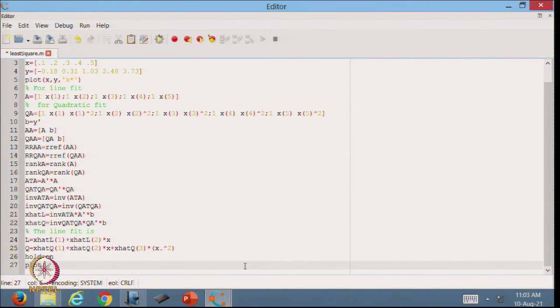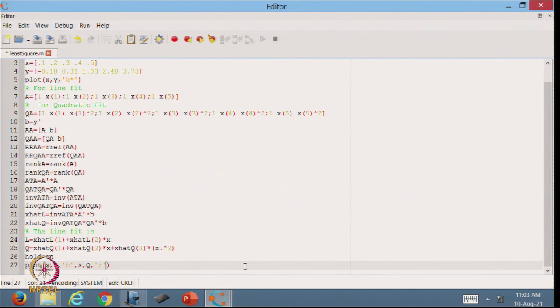So, I can plot x corresponding to L with blue color, and x with Q, and then I define it by red color.